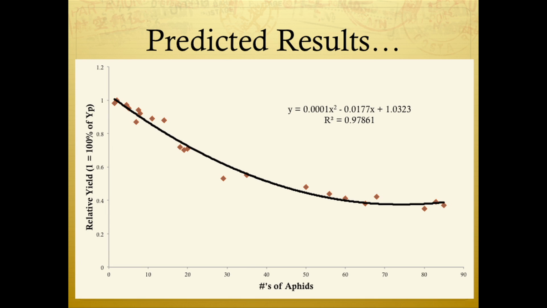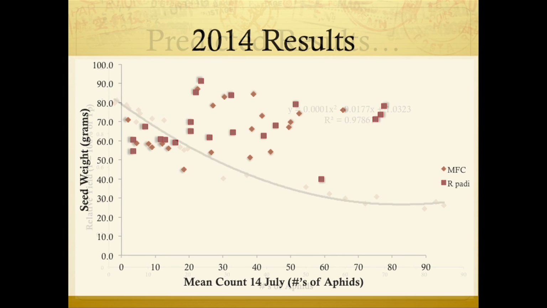And the 2014 results, I expected something like this. I got something like that. That line was about 0, so it was not helpful at all. And this is why we're going to be repeating this experiment in 2015.